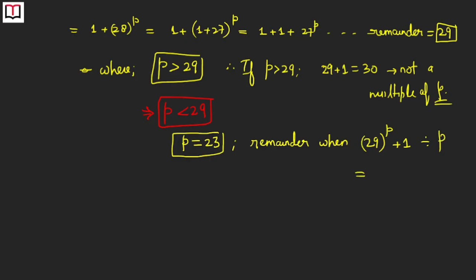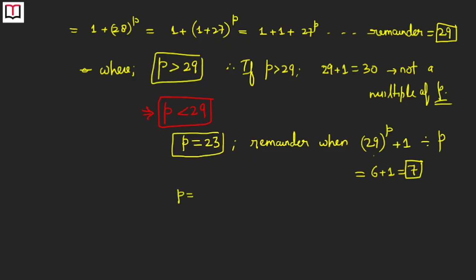We are dividing by 23, so the remainder will be 6 plus 1, which is 7. Of course, remainder can't be more than divisor. 29 is the remainder, but it's more than the divisor, so it's again divisible by 23, giving 6 plus 1, 7, which is not a multiple of 23.